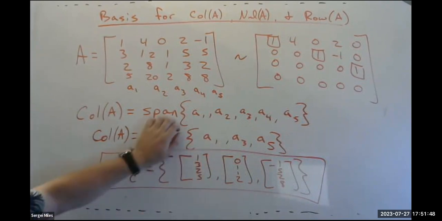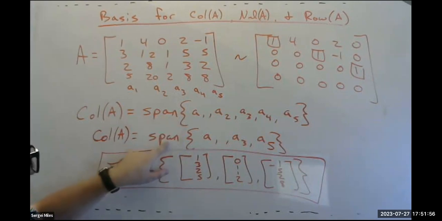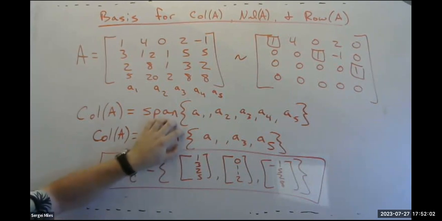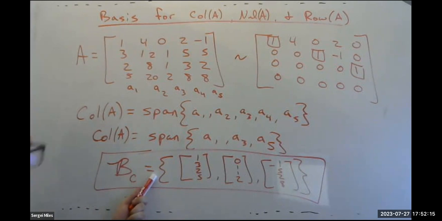If all you write is the column space equals the set A1, A3, A5, that is wrong, right? The column space is the span. Having this word here is super key and super important. If you drop span here, your answer is wrong and you will lose points, right? Because we want to be specific with the vocabulary we're using here. The vocabulary matters. Whereas the basis, there's no span here.